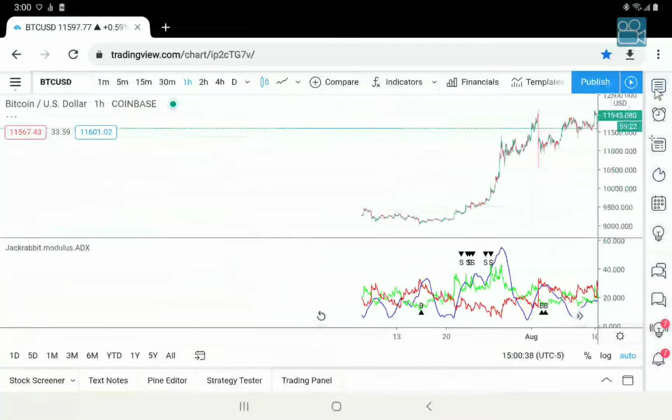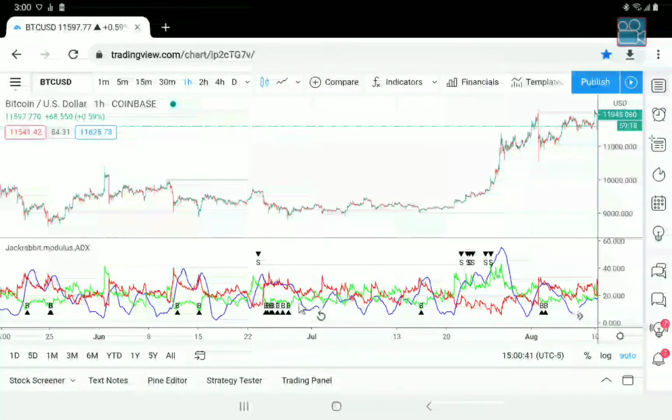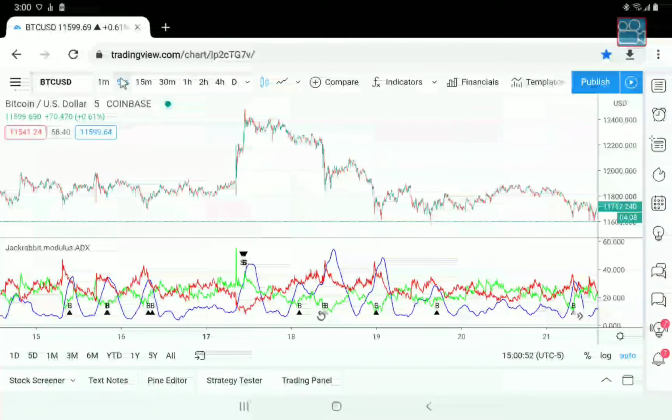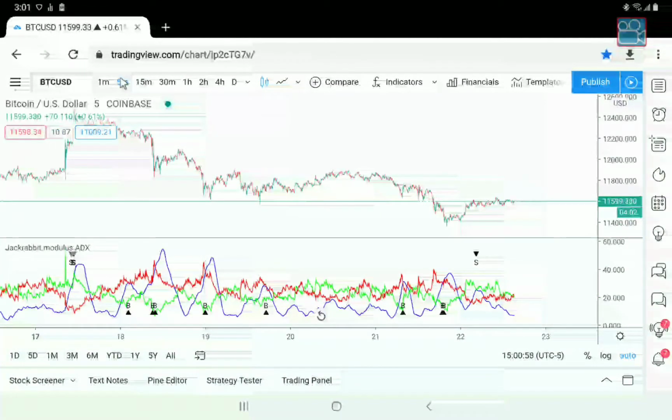For example, moving to Bitcoin, we see where a longer term trend actually can produce some fairly reasonably good results. But a shorter term trend may actually have a different point of view. Good case here is all of these buy signals occur above the sell signal.